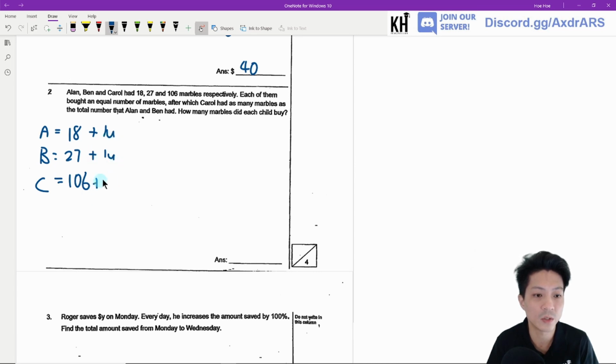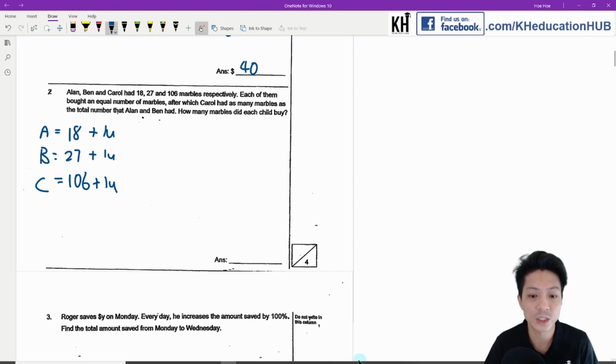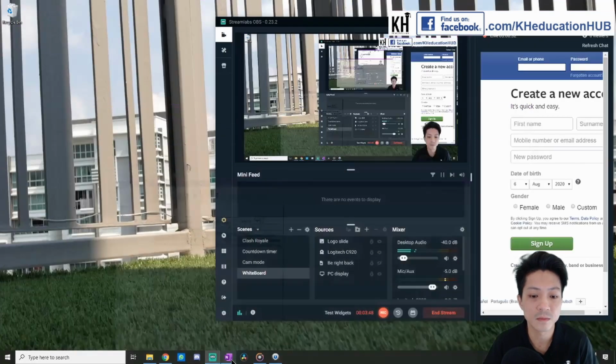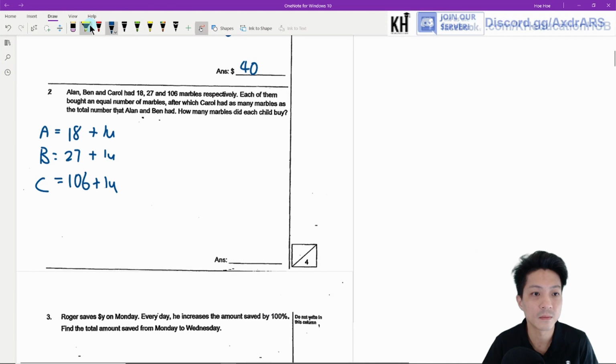Each of them bought another 1 unit. And after which Carol had as many marbles as the total number that Alan and Ben had.